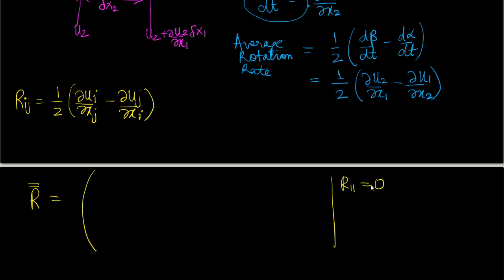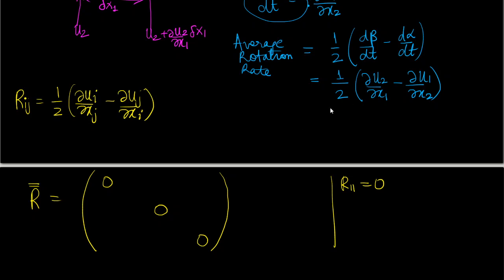It will be 0, because simply putting i equal to 1, j equal to 1 will cancel out both these terms. Similarly, R22 will be 0, R33 will be 0.